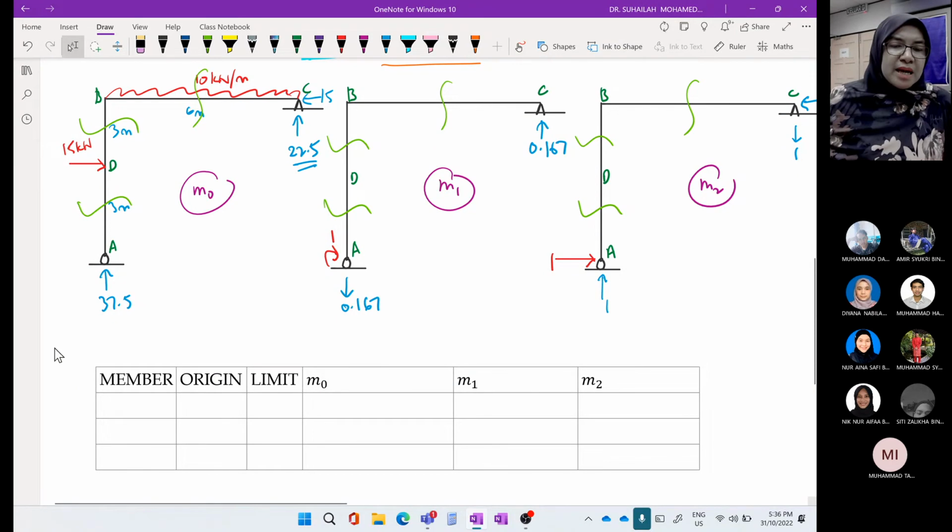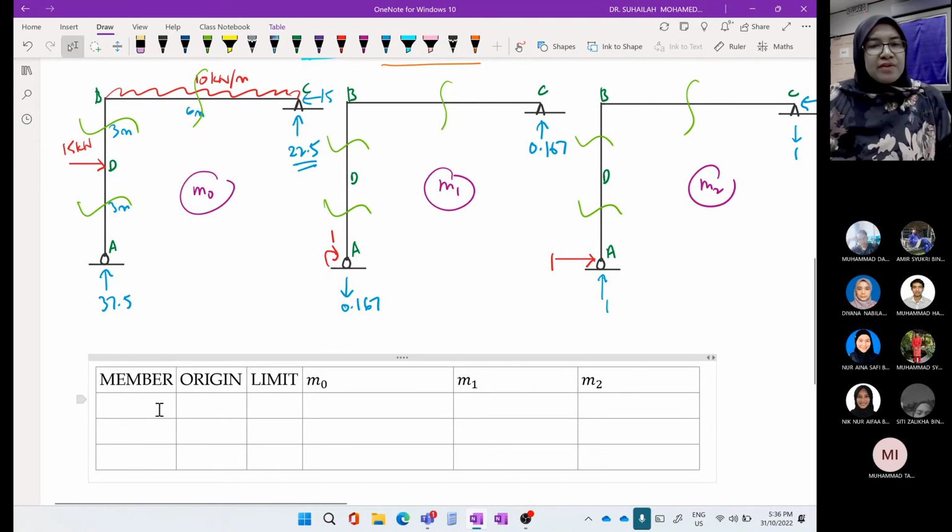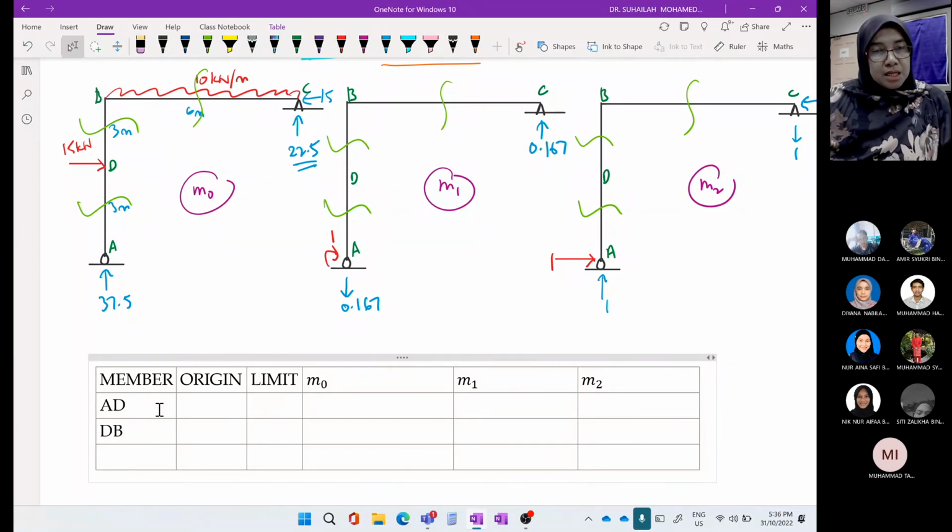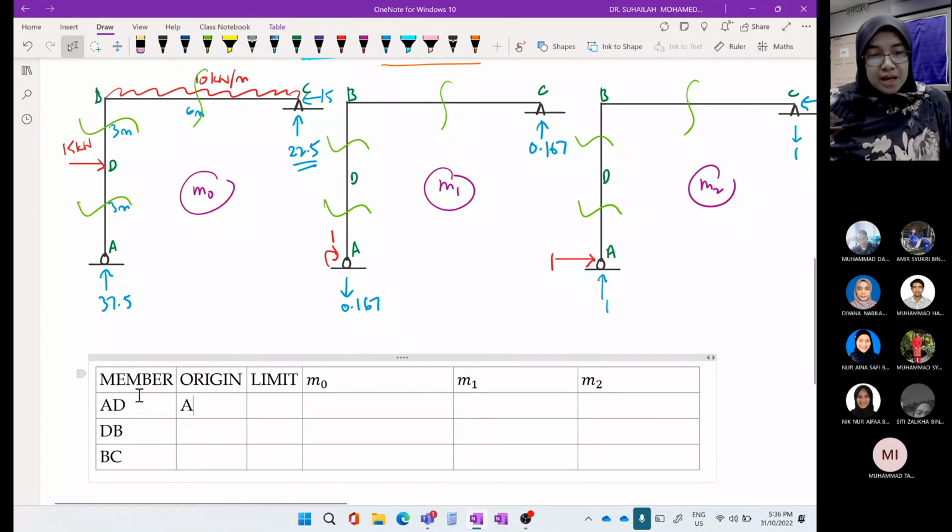So list all the cutting sections. We have AD. Second one, DB, BC. Okay, for cutting number 1, AD, origin A. DB origin, choose the easiest section.